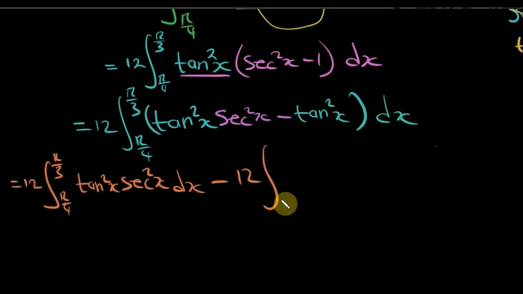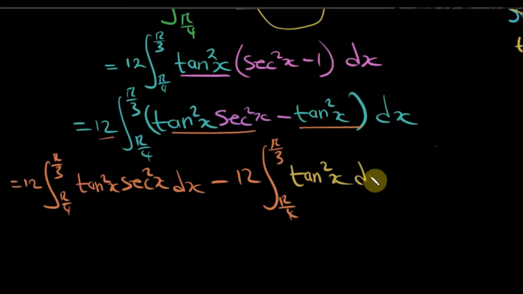I'm just distributing the constant 12, the integral sign and the limits between the two terms inside here. That's mathematically allowed. We're not breaking any rules. Tan squared x dx.